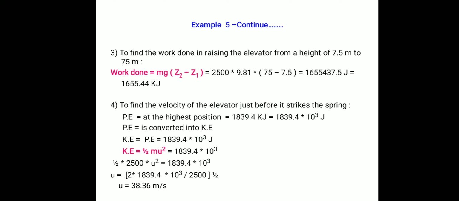The unknown value is u, that is velocity. We know the value of m, that is mass. We know the value of kinetic energy, because kinetic energy is nothing but the potential energy. So equate the value of potential energy with the kinetic energy equation, half into m into u square. With the help of this equation, using the shift solve method in the scientific calculator or the regular method, we can calculate the value of u, that is 38.36 meter per second, right?